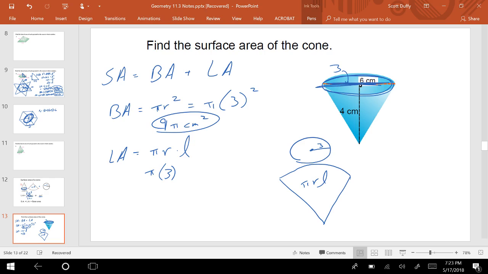What we do realize is that the radius, the height of the cone, and the slant height create a right triangle. So my right triangle looks like this. Radius of 3 right there, height of 4, and then the slant height, you have to realize if you plugged it into the Pythagorean theorem, you get 3, 4, slant height of 5. And that's just one of those special triangles that you can remember. So we have a slant height of 5.